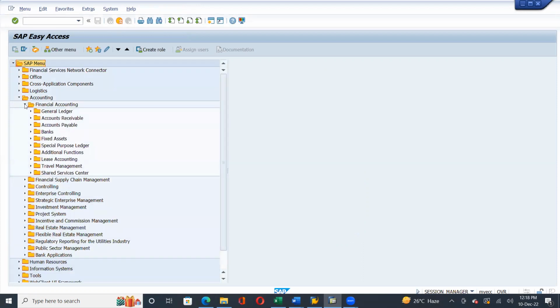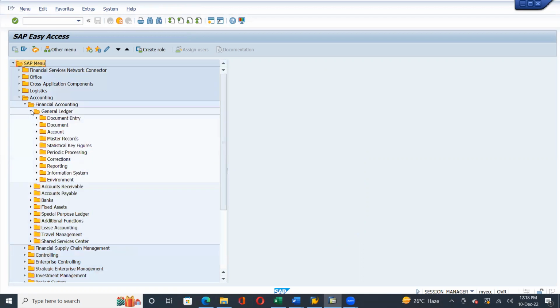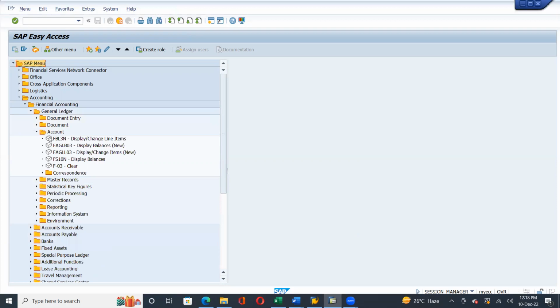So we are doing the general ledger module, GL module. All the reports will be there in Account. So we need to click on Account. Here you need to select FBL3N, display or change line items.